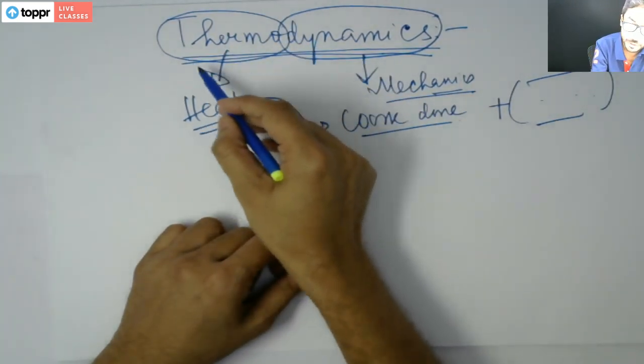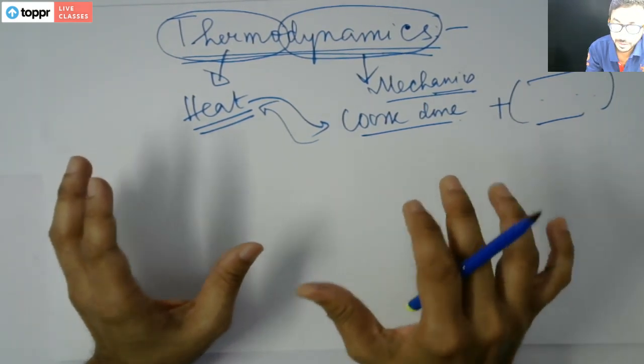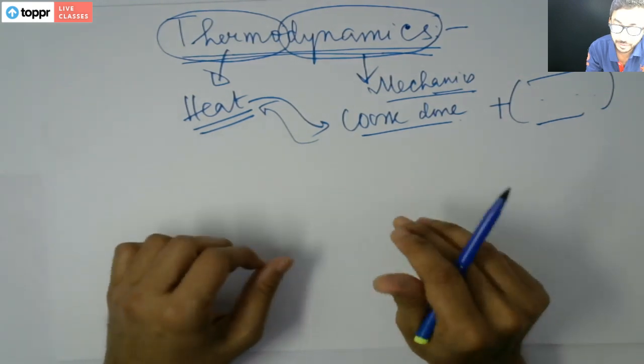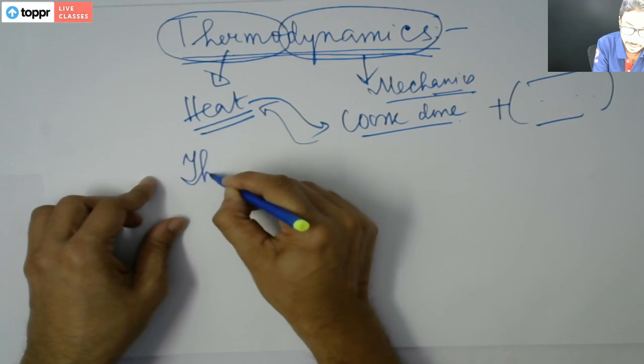Now, to study thermodynamics, we need a system on which we are applying heat, or which is generating some work. That kind of system we call a thermodynamical system.